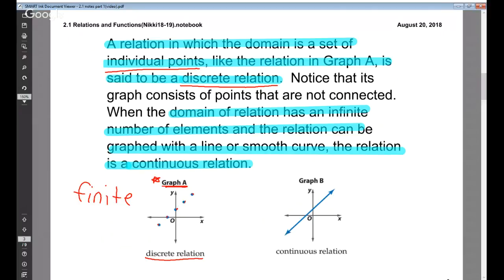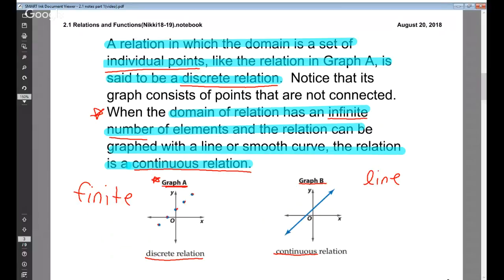But now let's take a look at graph B on the other side. When the domain of a relation has an infinite number of elements, and the relation can be graphed with a line or a smooth curve, the relation is then called a continuous relation. So in other words, if you look at graph B, anytime you have a graph of a continuous line, this should instantly tell you that this is a continuous relation.